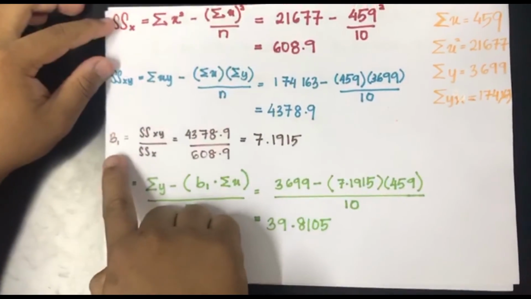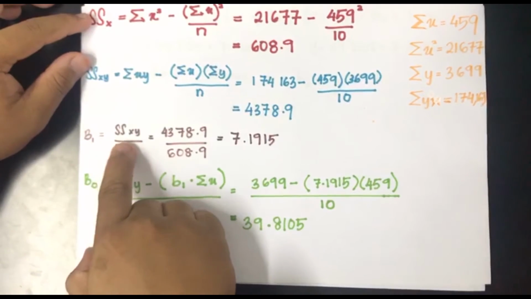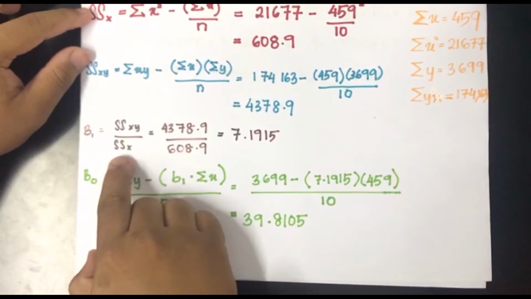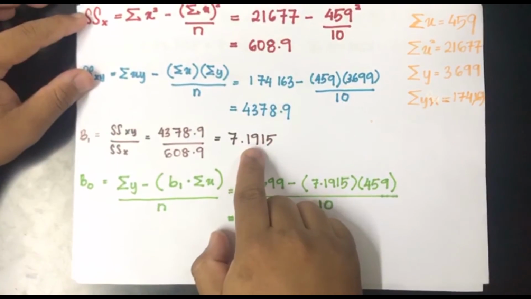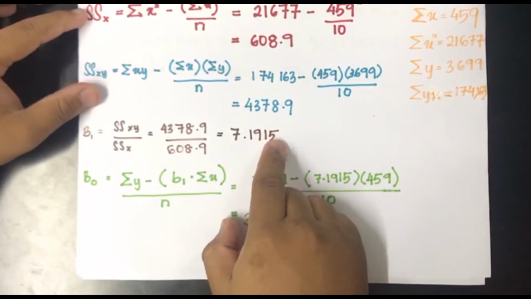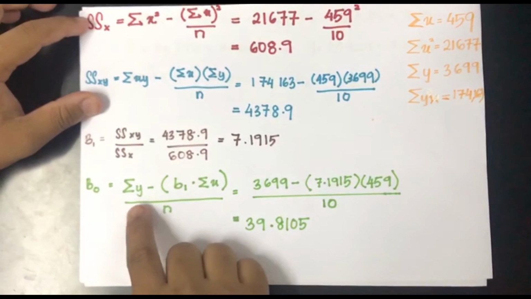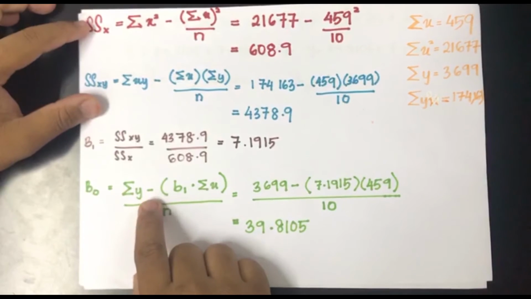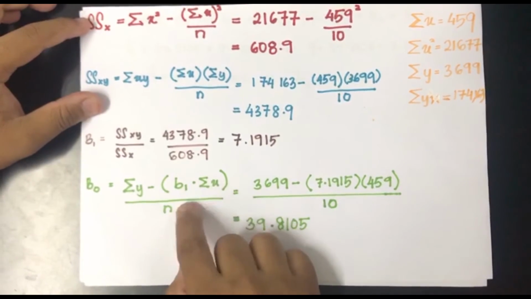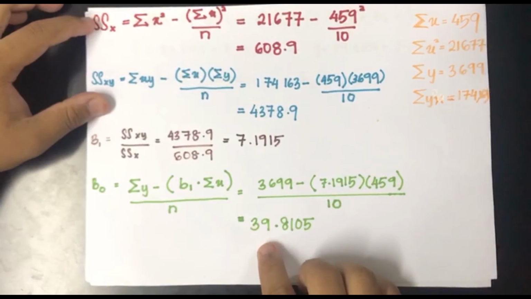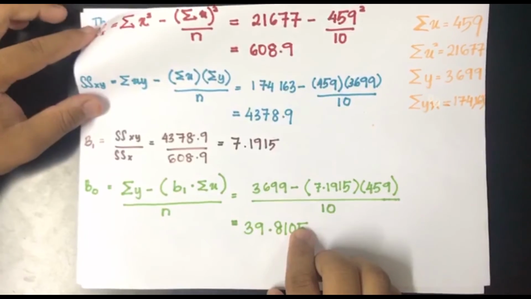So, to calculate B1, we use the equation SSxy over SSx. So, we will get 7.1915. To calculate B0, we use the equation total of y minus B1 times total of x, over n. So, we will get 39.8105.